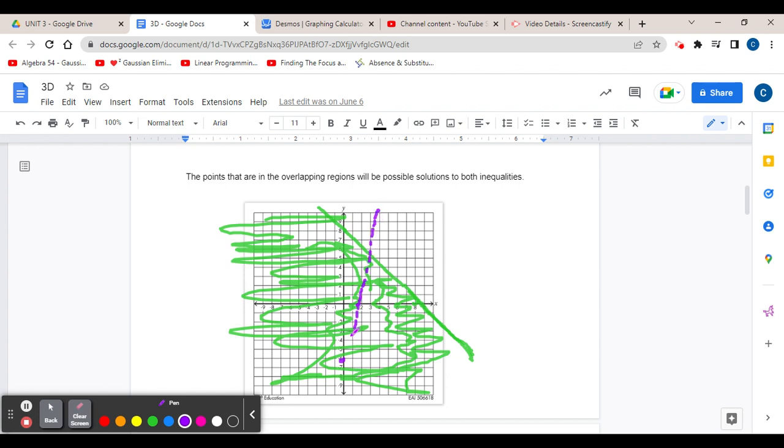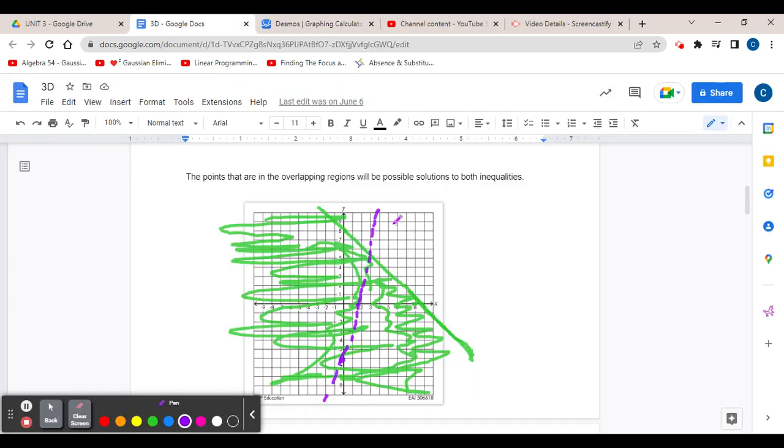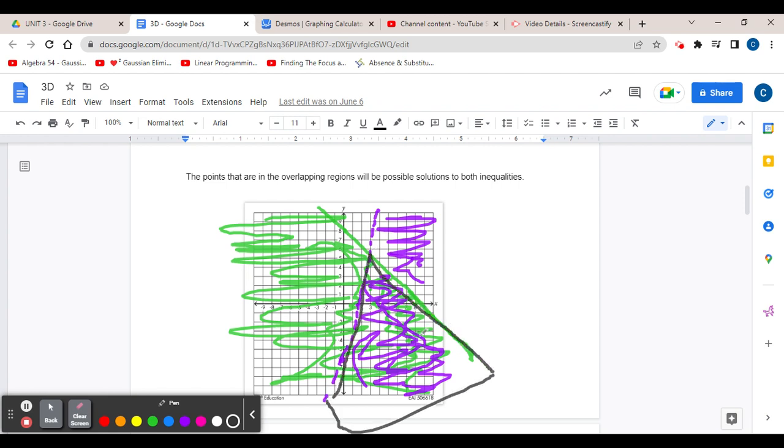We have our dotted line here, and I believe it was everything to the right of this that was shaded. So really any point in this area here is going to fit that solution set.